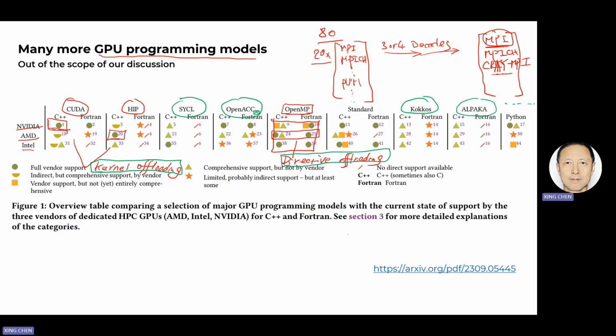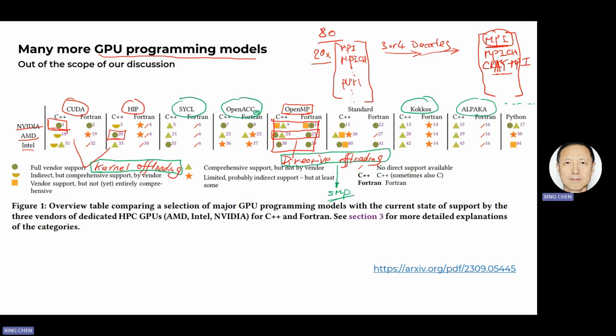Maybe kernel offloading and directive offloading will be the winning ones, because directive offloading falls into the basic concept of OpenMP. This comes from the shared memory model, and it seems promising.